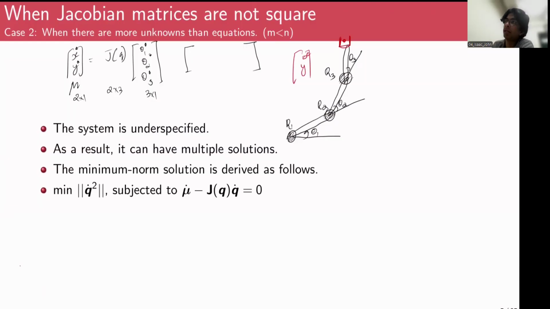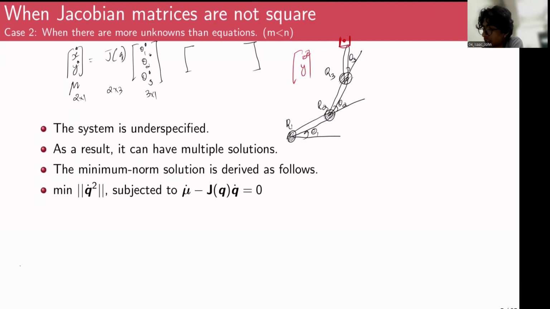Typically, out of all these infinite solutions, we would take the solution that has the minimum norm.